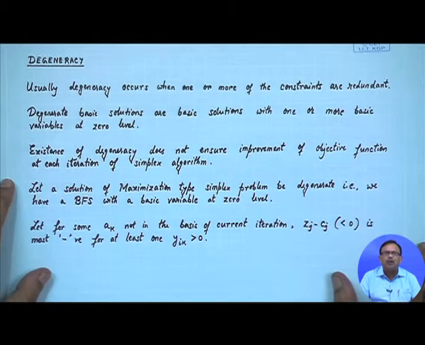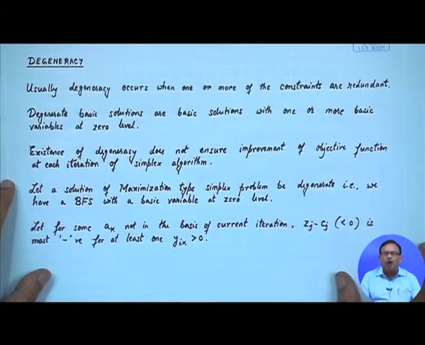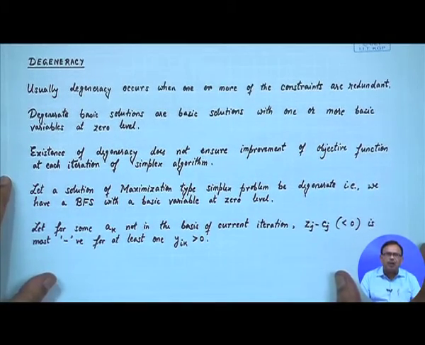Degenerate basic solutions are basic solutions with one or more basic variables at 0 level. So, if I have redundant constraints, the basic solution you obtain will have the value of one or more basic variables equal to 0.